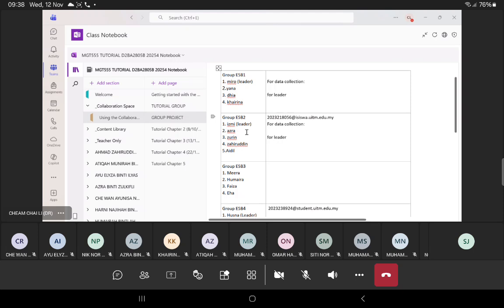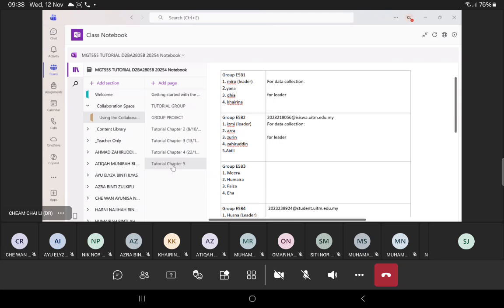If you have 5, that means you must have at least 50 responses. If you have only 4 members in the group, one member collects 10 participants, so at least 40. I'll review again next week about the group project.